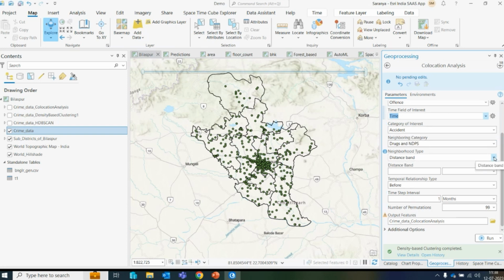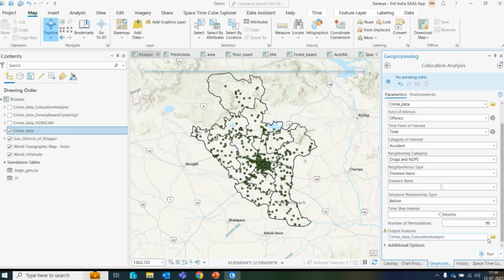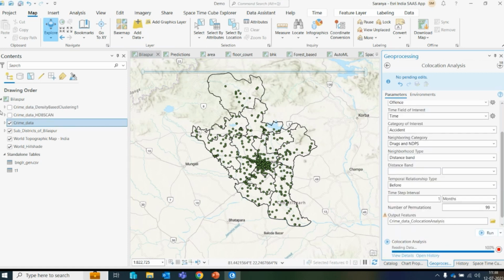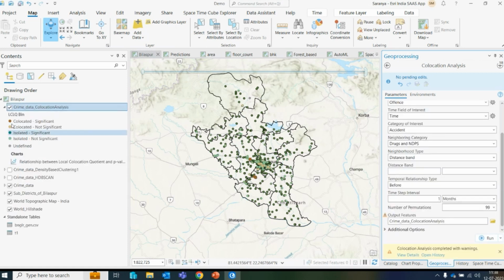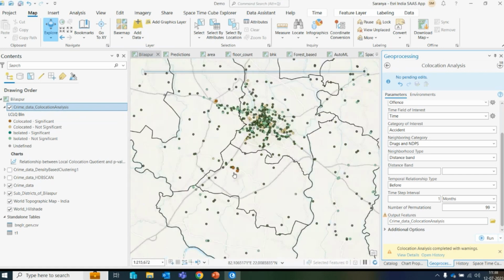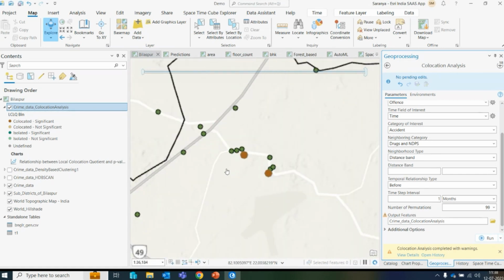So here also you have the neighborhood type and you can give the temporal relationship, whether you want to identify before or after, or you can give the time span. So when you run this tool, what the co-location analysis tells you is that it will label the points according to their significance.